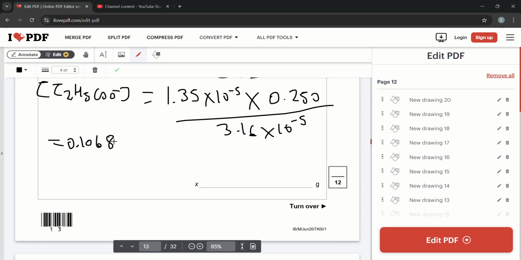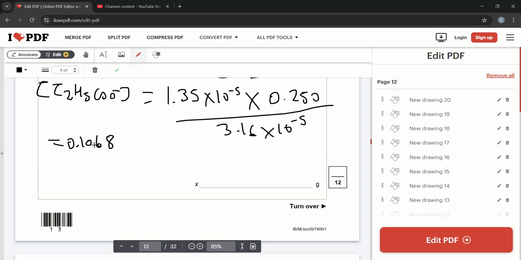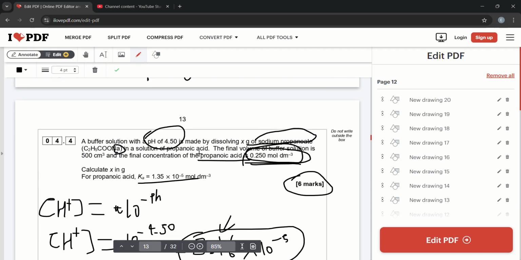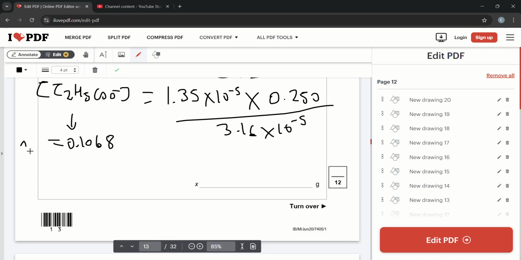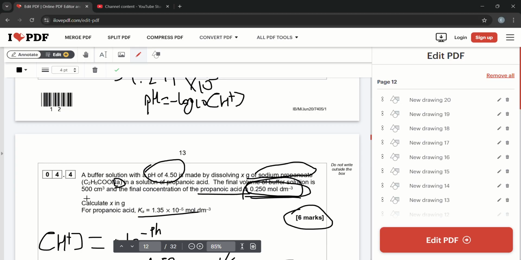Are we done? No, because this is the concentration, and we're trying to find the mass of something. So we need to find the moles. The moles are going to be 0.1068 times the volume, which is 500.